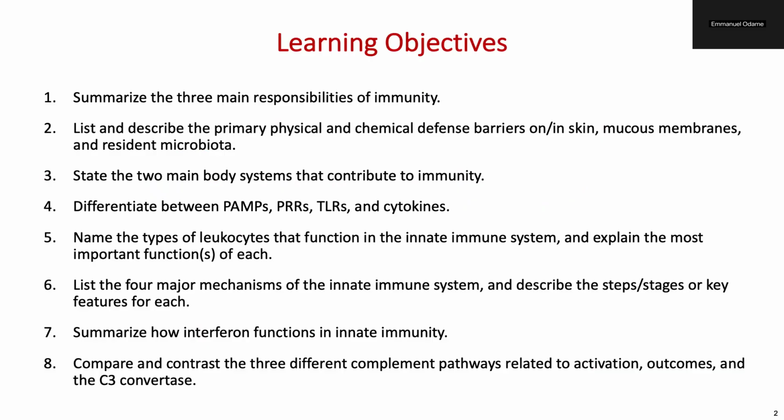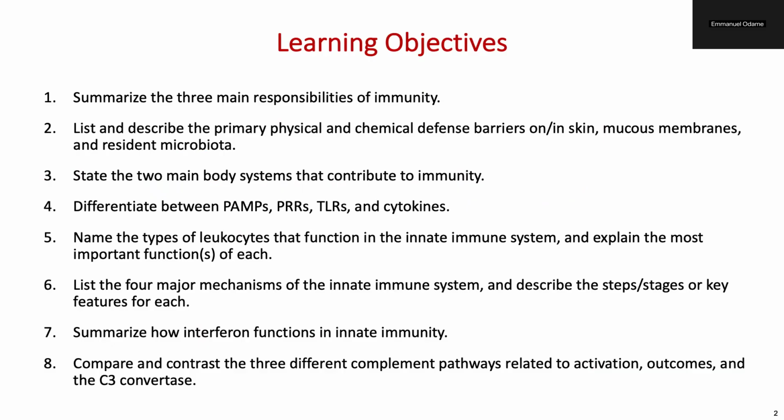So these are the learning objectives. We will summarize the three main responsibilities of the immune system, and then we will list and describe the primary physical and chemical defense barriers on and in the skin, mucous membrane, and resident microbiota. We will state the two main body systems that contribute to immunity.